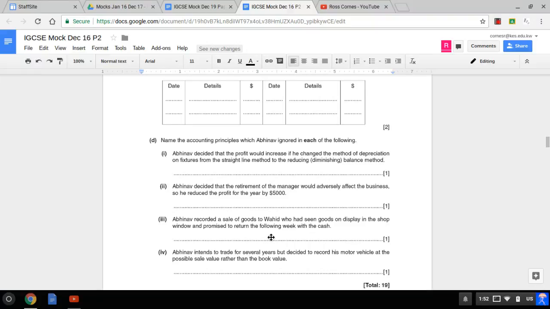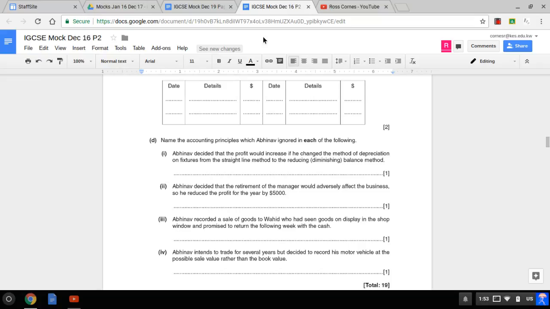And he intends to trade for several years, but decided to record his motor vehicle at the possible sale value rather than the book value of the machinery. Well, because he's intending to trade for a period of time, we would go for the name of the principle is completely gone from my head, but it'll come back in a second.